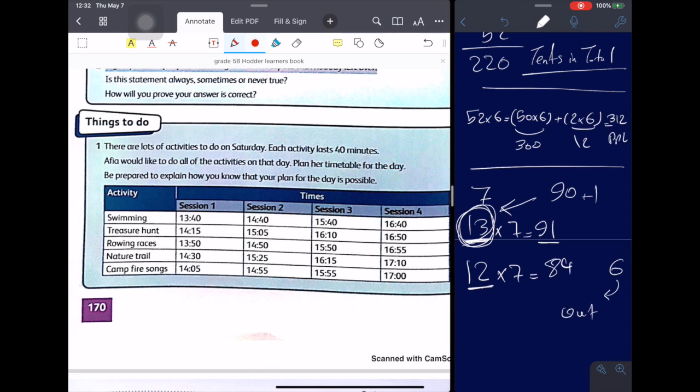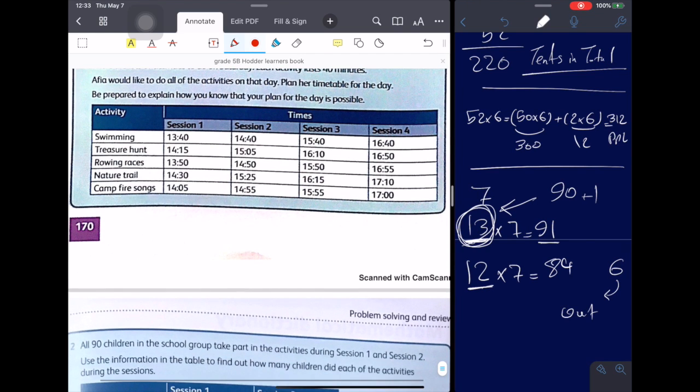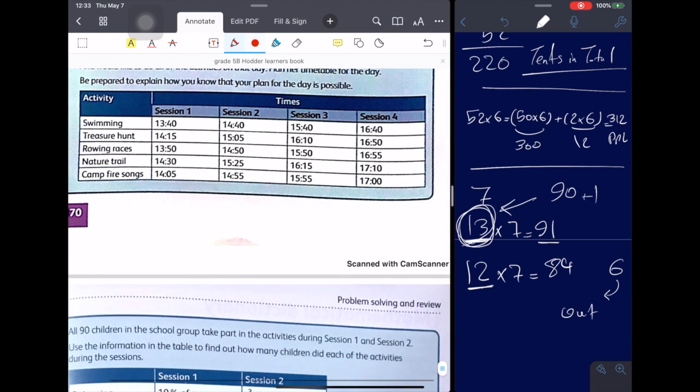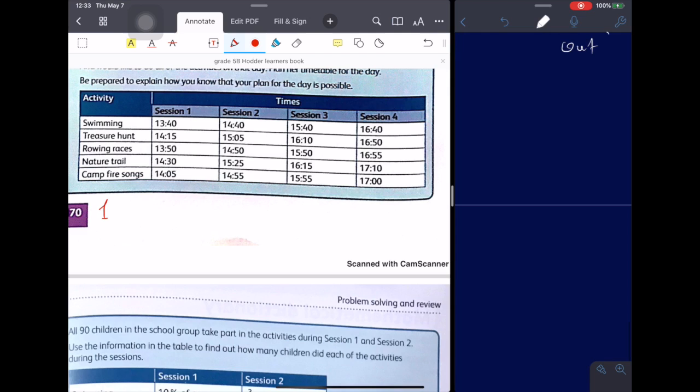Okay, in order to make it possible for her to participate in all the activities, we need to consider the start and the finish time of the activities. Considering that each activity takes 40 minutes, if she participates in rowing for the first time by 13:50, after 40 minutes she'll be done by 14:30.